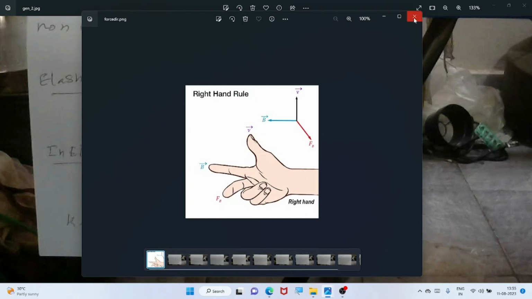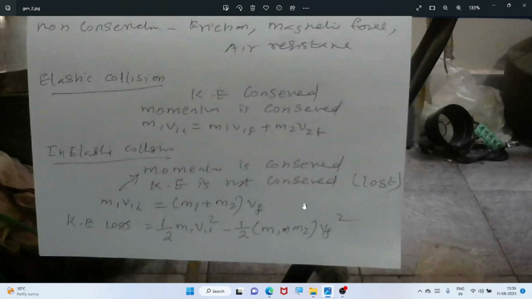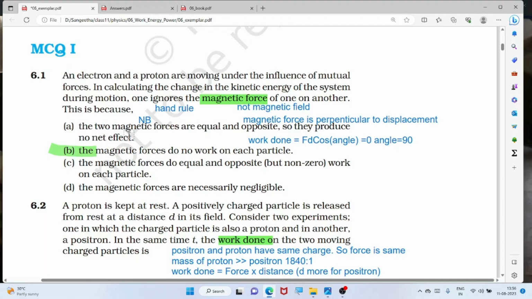When they are perpendicular, the work done is F·d·cos θ. Cos 90 is 0, so the work done by the magnetic force is 0. This is the magnetic force, not the magnetic field. The magnetic force is perpendicular to the displacement.